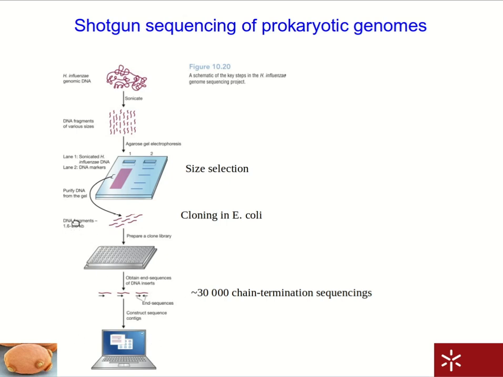We chose this size range because this is precisely the size range where we can cover the entire molecule by Sanger sequencing from each end. We then use primers that are specific for the plasmid vector that we use in order to create the library, and we can get the entire sequence of our insert.